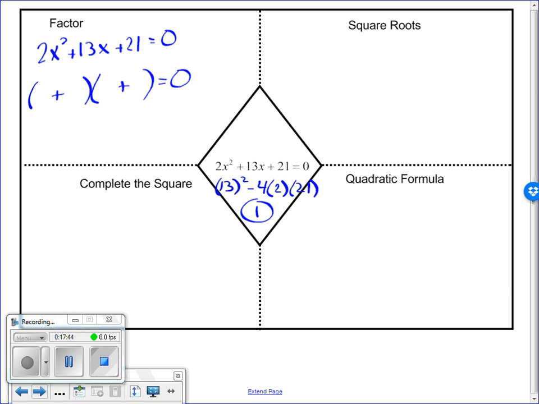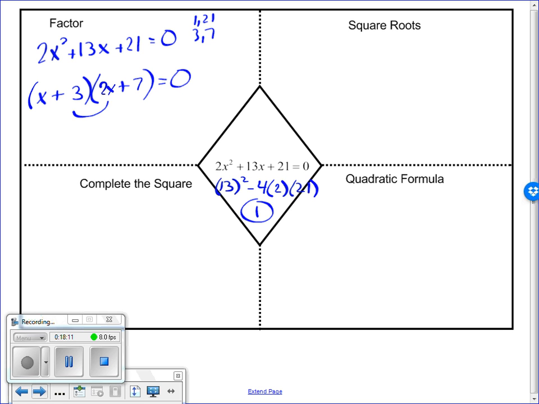Options for a, 1 and 2, so 1x and 2x. Options for 21, so we have 1 and 21 or 7 and 3. You guys want to go with which option? 7 and 3. In that order, 7 and 3? Or 3 and 7? With the 2, I need the 7.